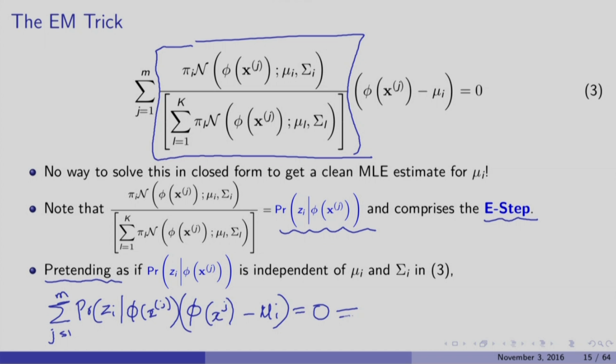Now this basically means that mu I, or its estimate, is a weighted combination of the phi xj's, where the weight comes from the probability of the ith cluster given the point xj. There is a normalization involving summation over all these memberships.